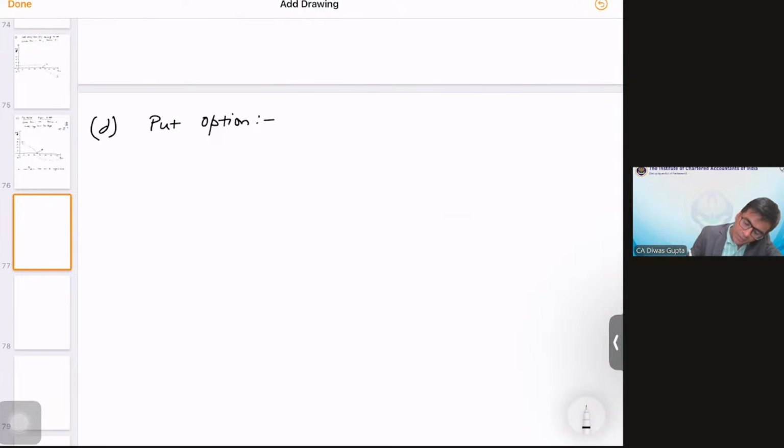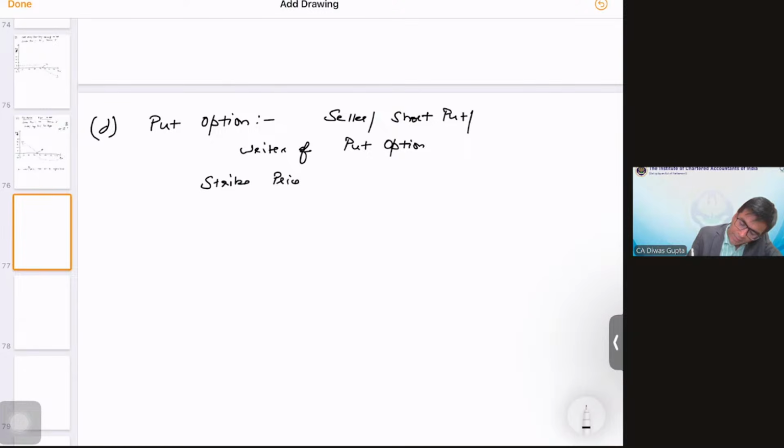Put option seller, short put, also called the writer of the put option, strike price 40, premium 5 rupees.